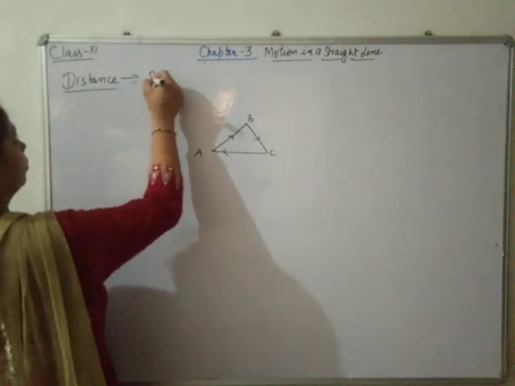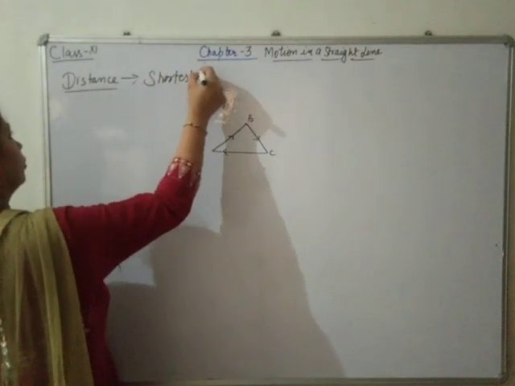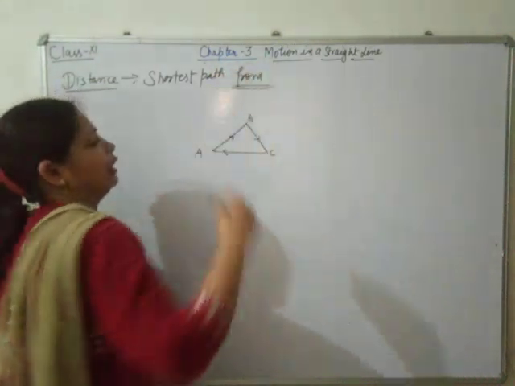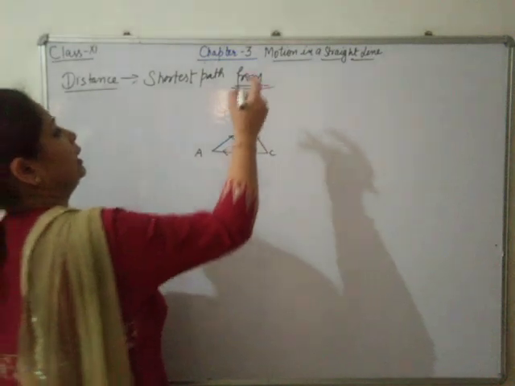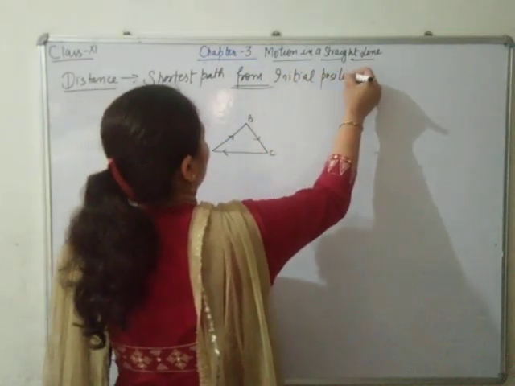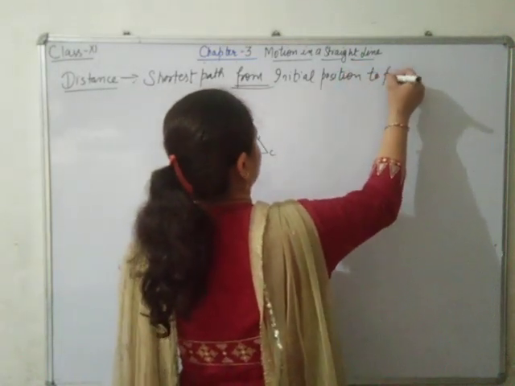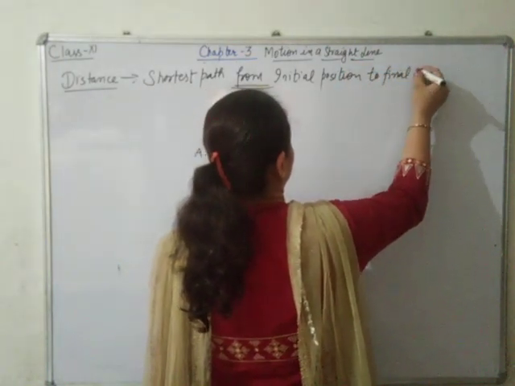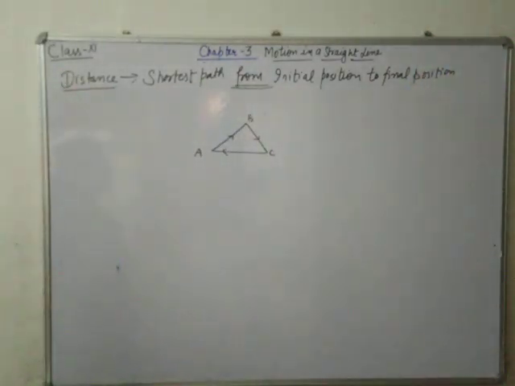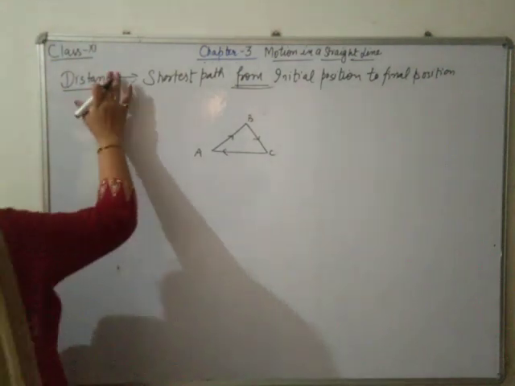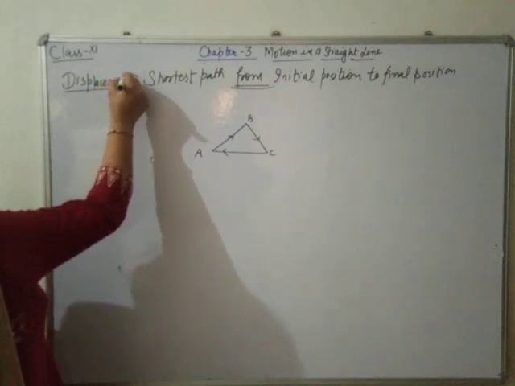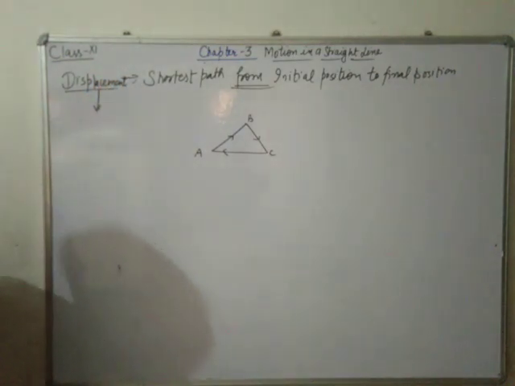Shortest path, from initial position to final position. So, the shortest path from initial position to final position is known as the second term that we are going to learn, that is displacement. It is the shortest path.